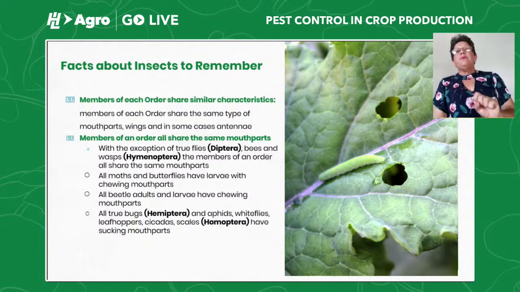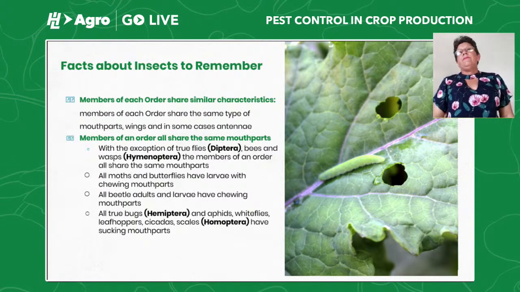Diptera have that exception. All moths and butterflies have larvae with chewing mouth parts. Within the order Lepidoptera, every larva of that order has the same type of mouth parts. All beetles, adults and larvae, share the same chewing mouth parts. That's very specific for that order.